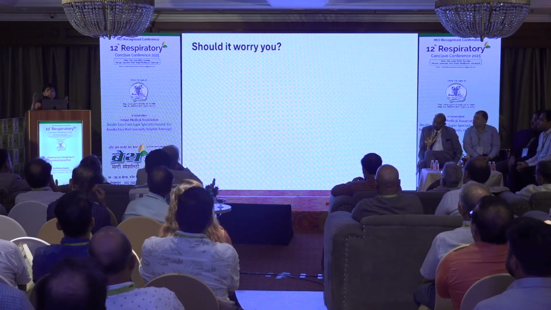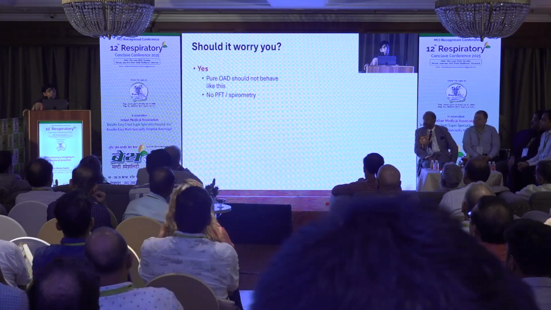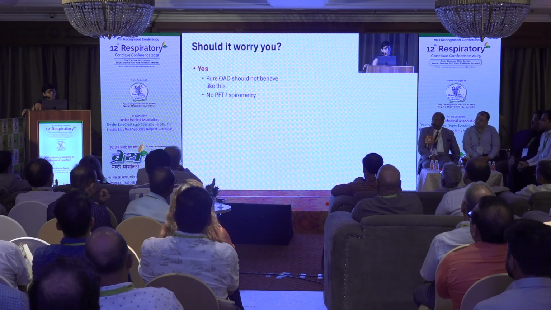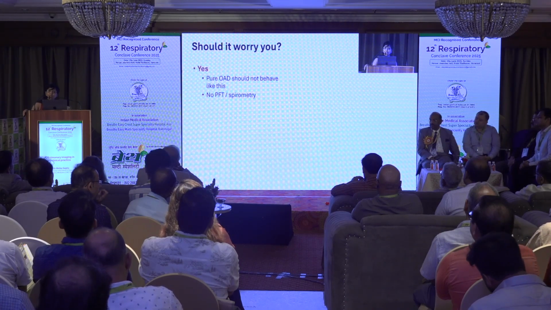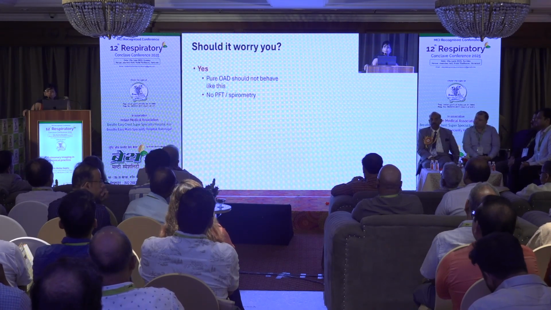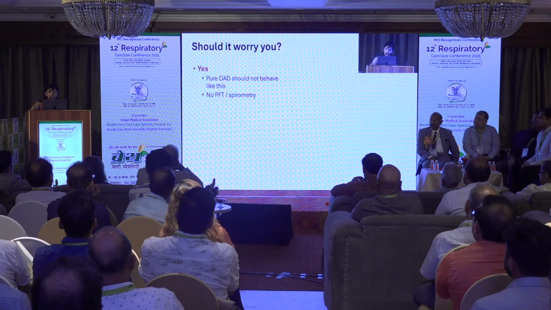Should it worry you as a physician? Yes, it should worry me. The reason being, pure OADs or obstructive airway disease does not behave like this. They should have improvement. There is no spirometry done for the patient, and the patient is being treated like an obstructive airway disease or say asthma.